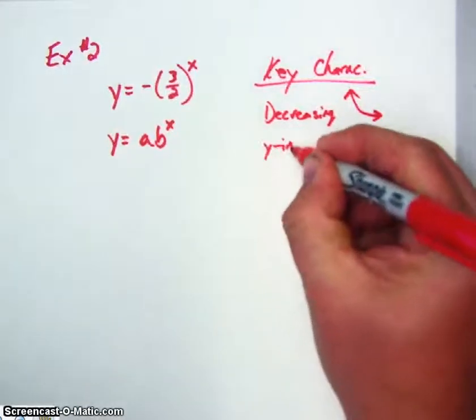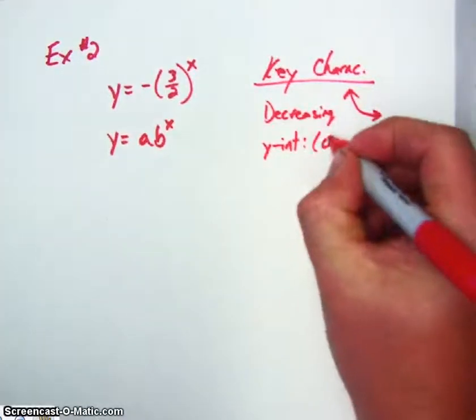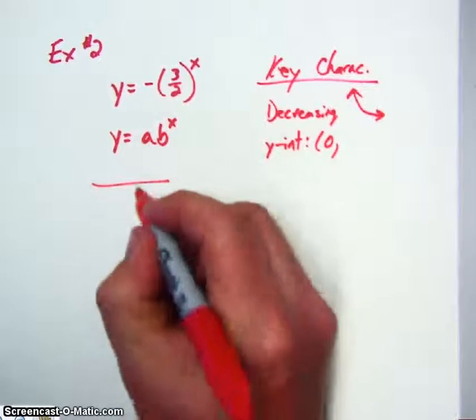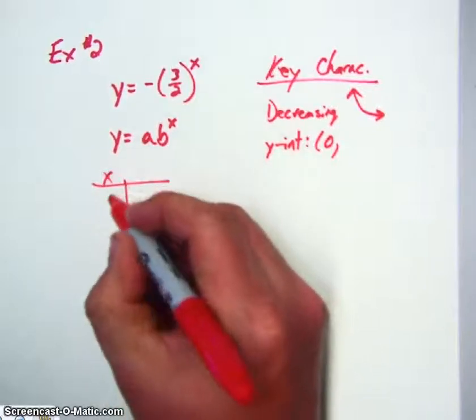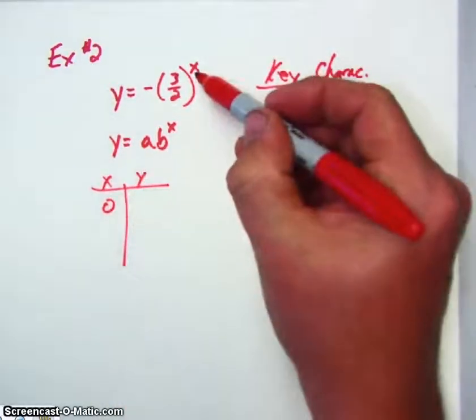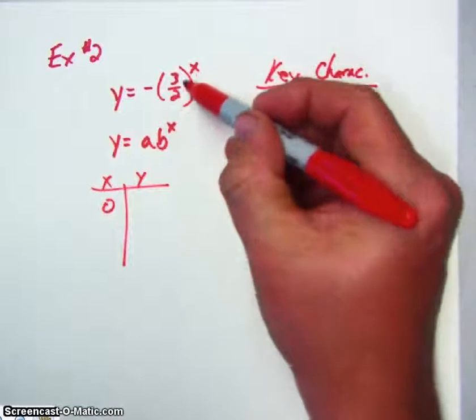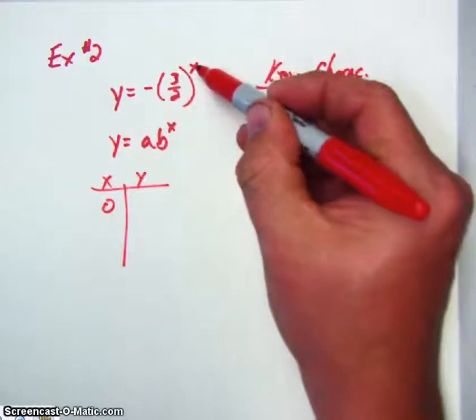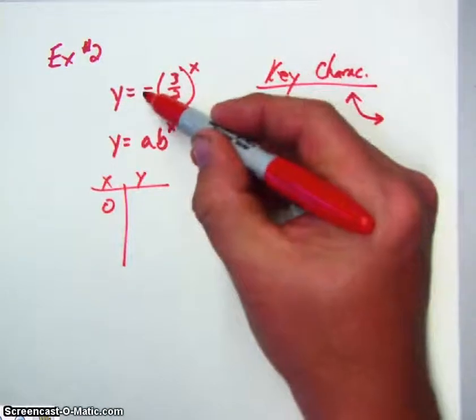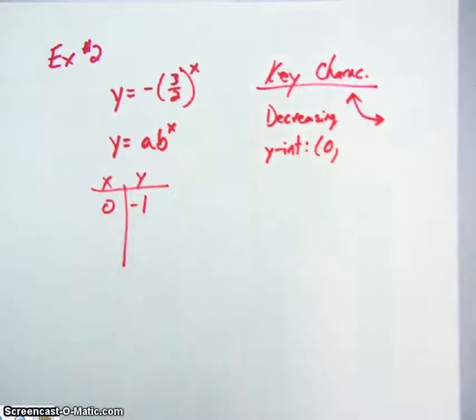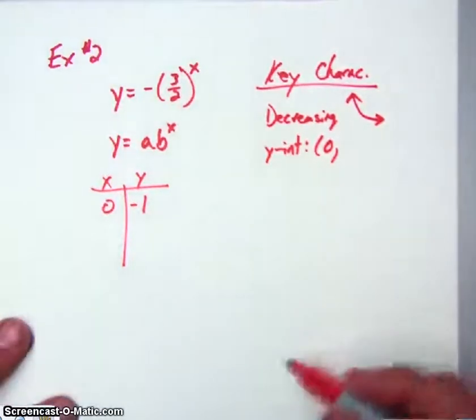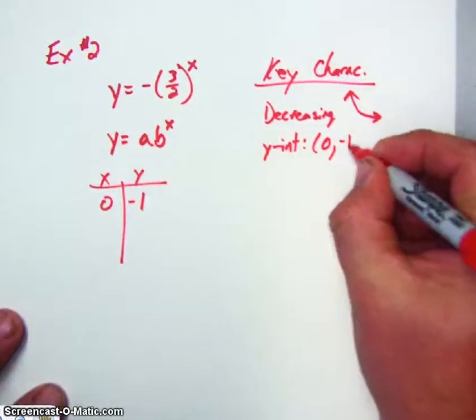Let's find the y-intercept. That means we make x 0. So if x is 0, put 0 for x. That means this whole thing is to the 0 power, so it becomes 1. And you get the negative in front, so it becomes -1. There's our y-intercept.